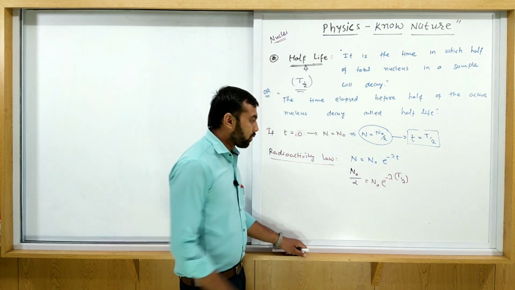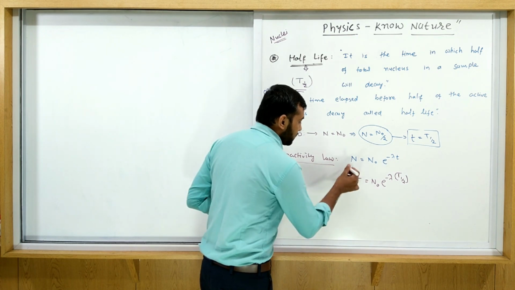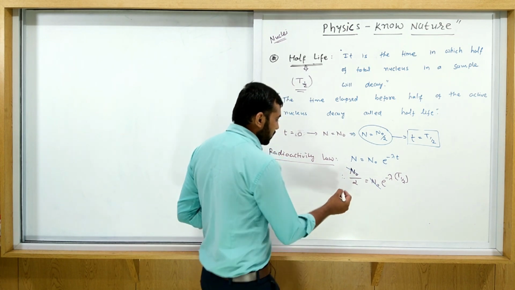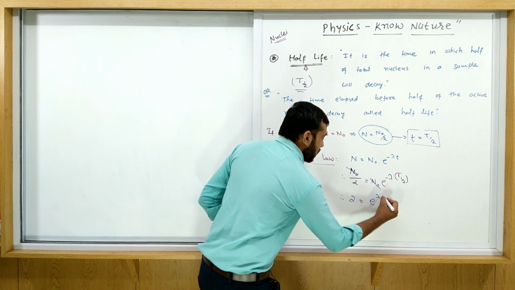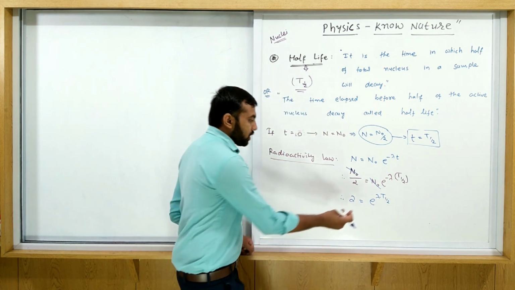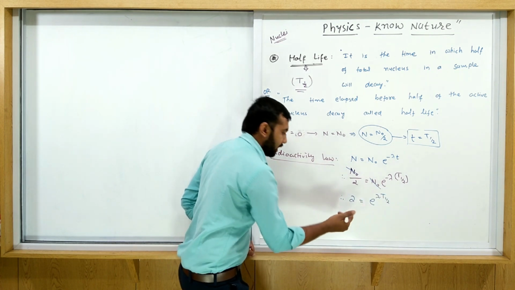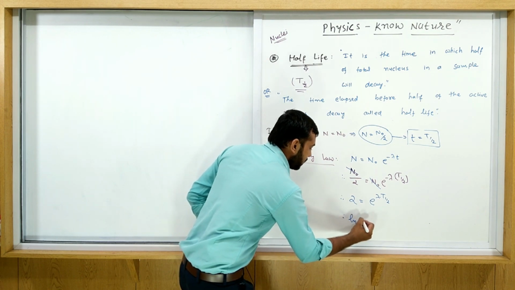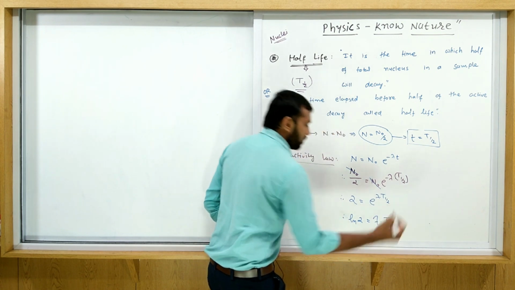Now some terms cancel out, so N0 cancels out. Comparing both sides, 2 is equal to e raised to lambda into T1/2. To eliminate the e from the right hand side, take the log on both sides. The answer is ln2 is equal to lambda into T1/2.